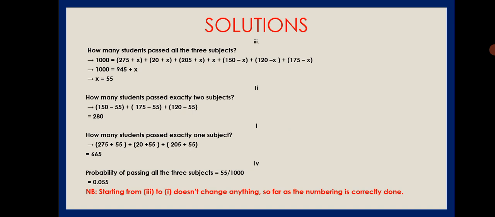So 275 plus x bracket close plus bracket open 20 plus x plus bracket open 205 plus x bracket close plus x plus bracket open 150 minus x bracket close plus bracket open 120 minus x bracket close plus 175 minus x bracket close. 1000 is equal to 975 plus x.